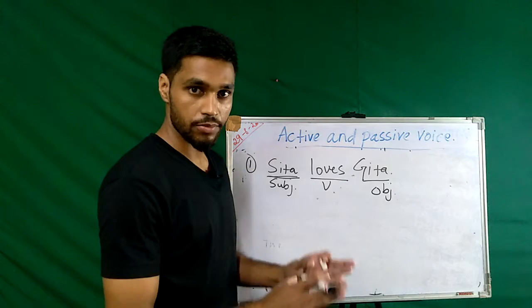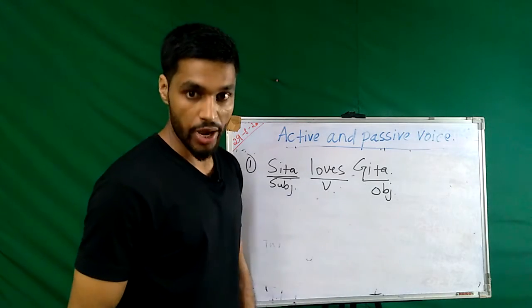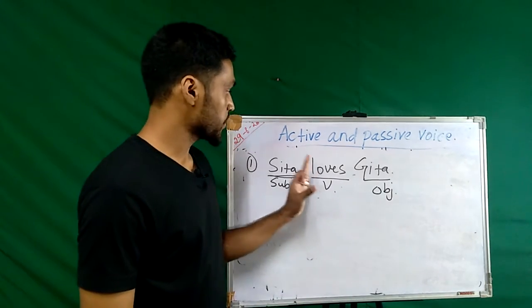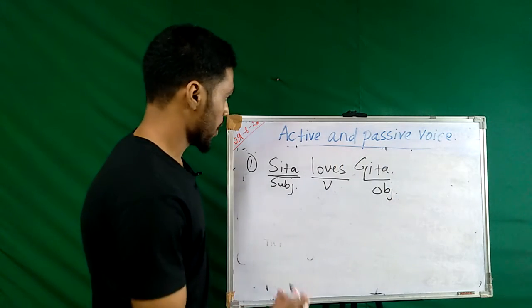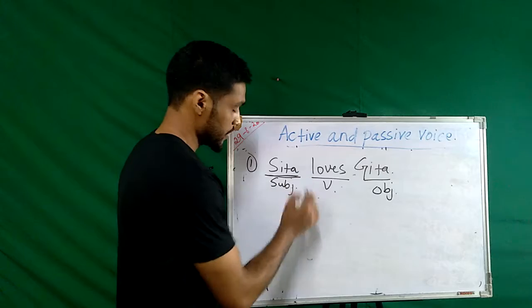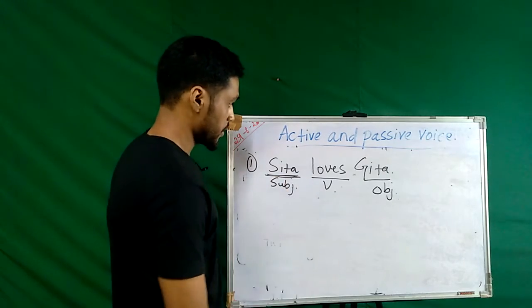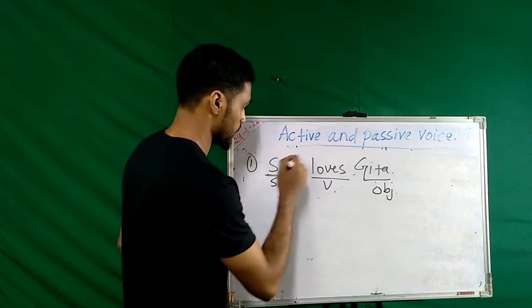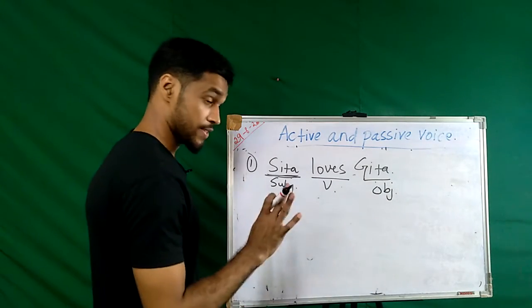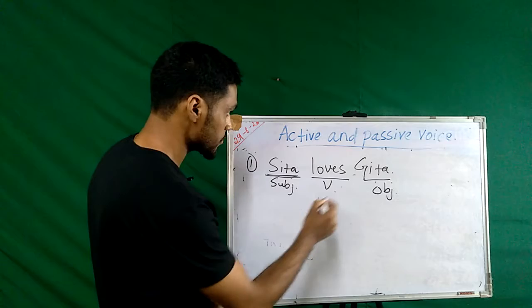After finding the subject, verb and object, we have to exchange the subject and object. We have to write the subject in the place of object and object in the place of subject. That is the second step.